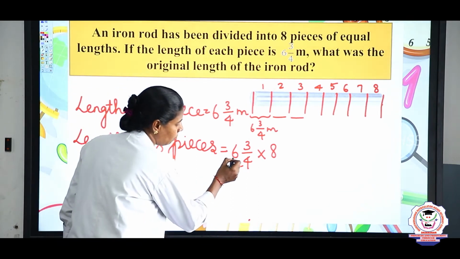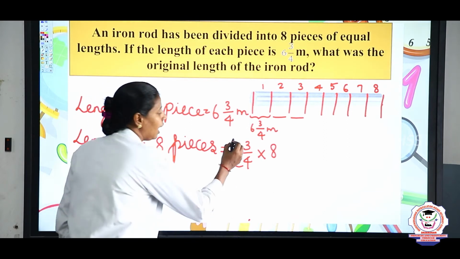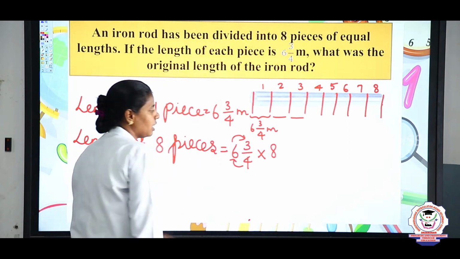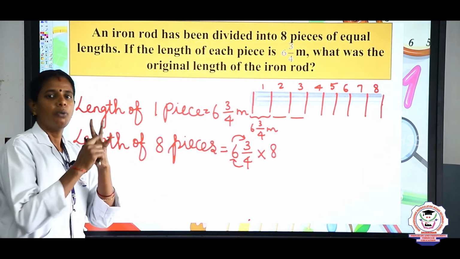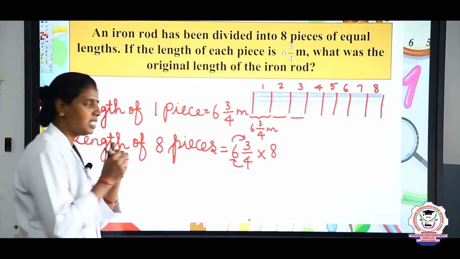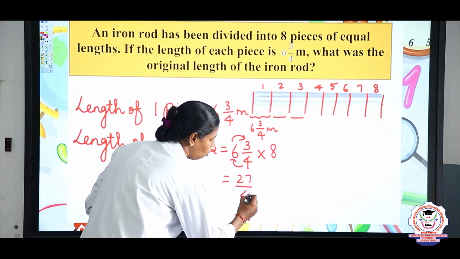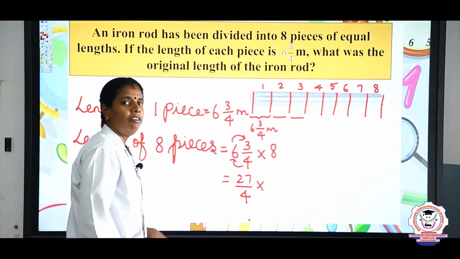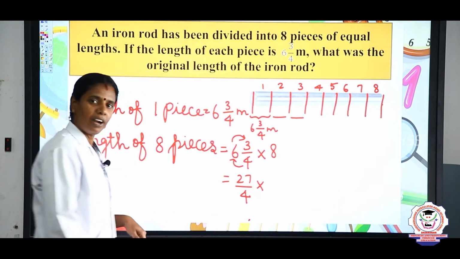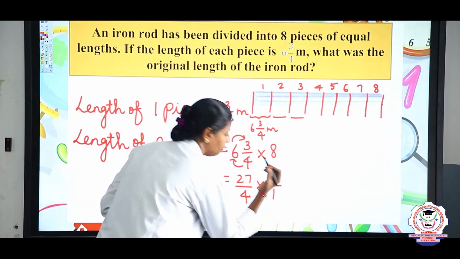Multiply just this denominator, 6 4s are 24, and add with the numerator. 24 plus 3, 25, 26, 27. So 27 by 4 into 8. Here 8 is a whole number which we can consider as a fraction also, like 8 by 1.